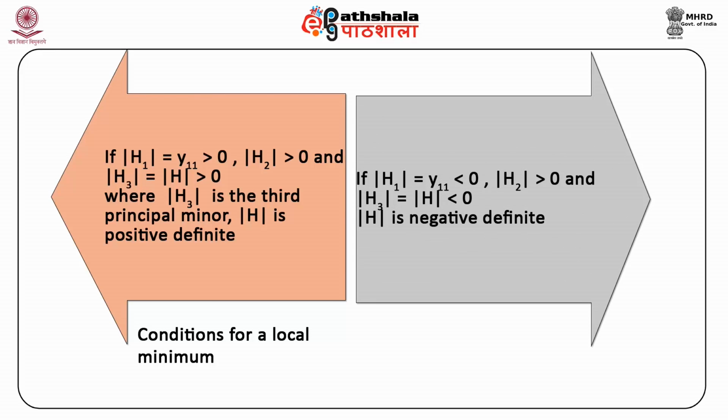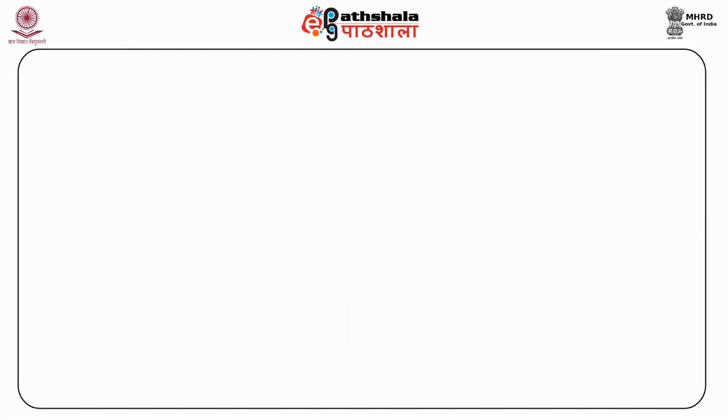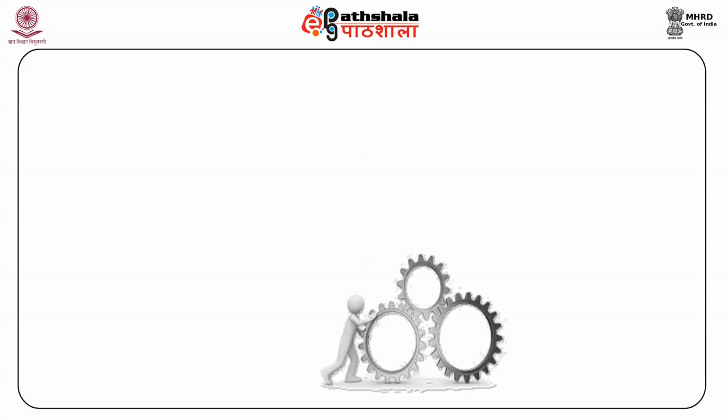If H1 equal to y11 is less than 0, H2 greater than 0 and H3 equal to H less than 0, H is negative definite and second order conditions for a maximum are fulfilled. Higher order Hessians follow in analogous fashion.